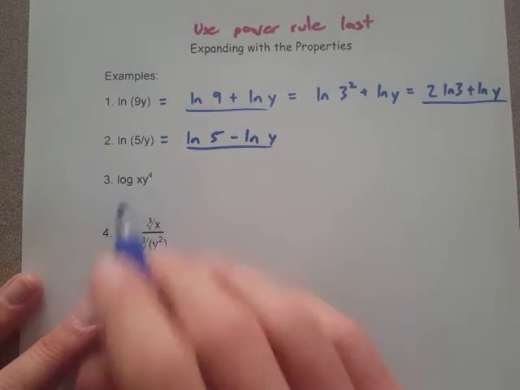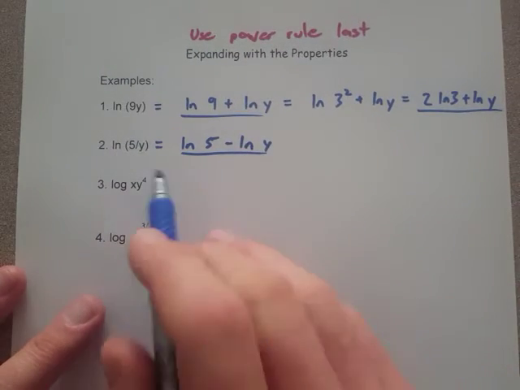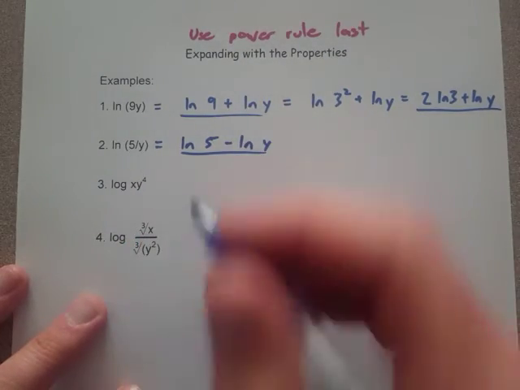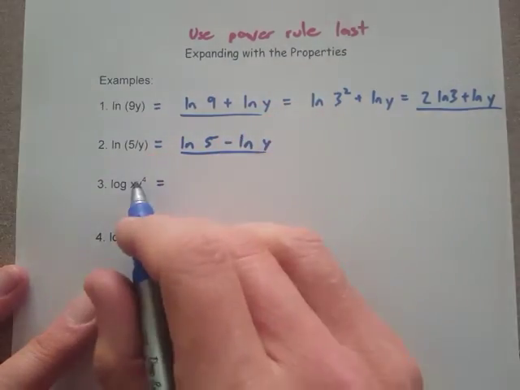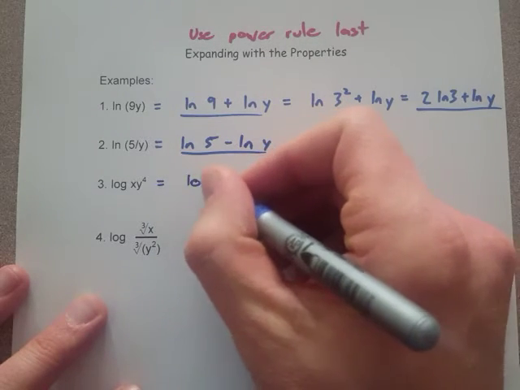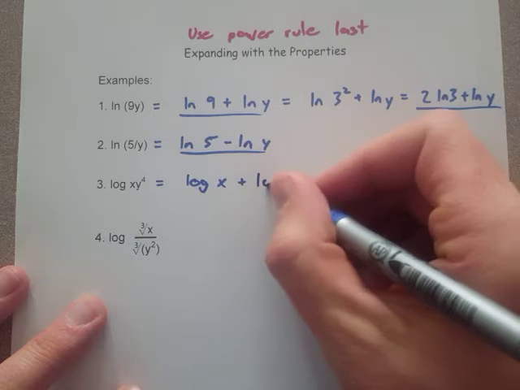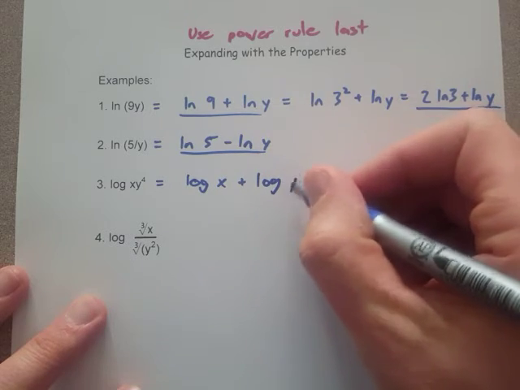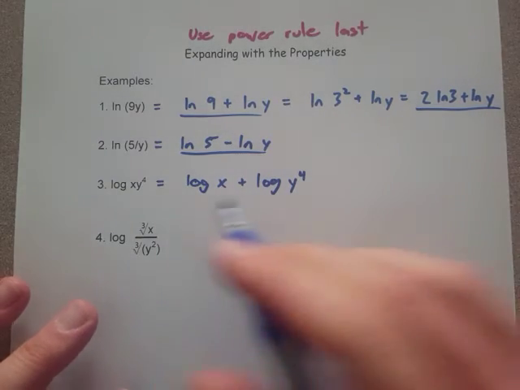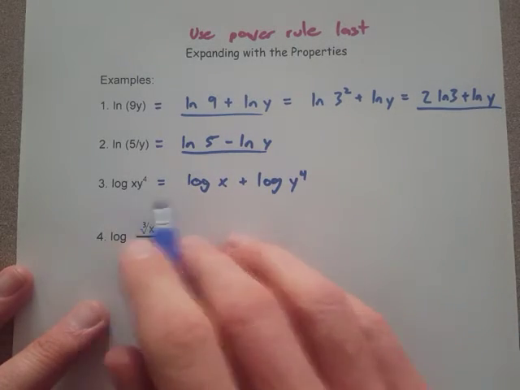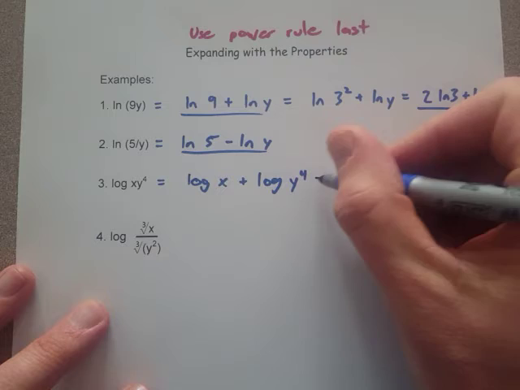All right, next is one that involves a power. So again, we're going to use the power rule last. We're going to split this up first. So that means if we have multiplication, that will be the same as log x plus log y to the 4th. I do want you to have more than one step in here if we're using multiple properties.